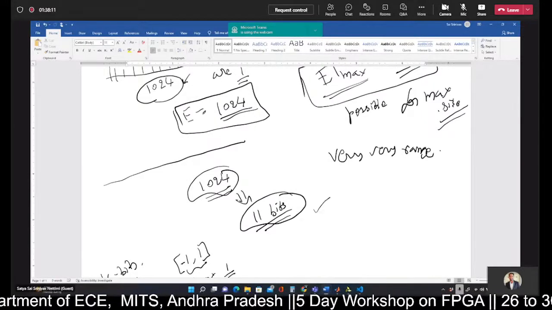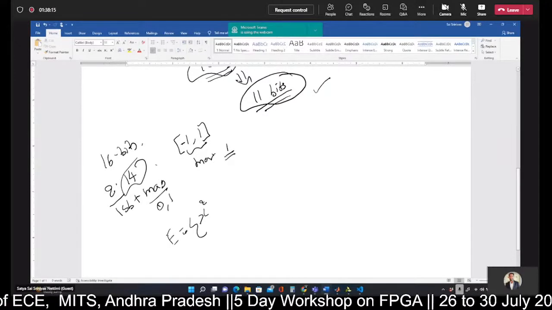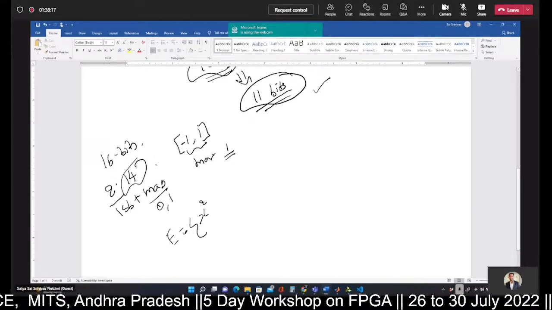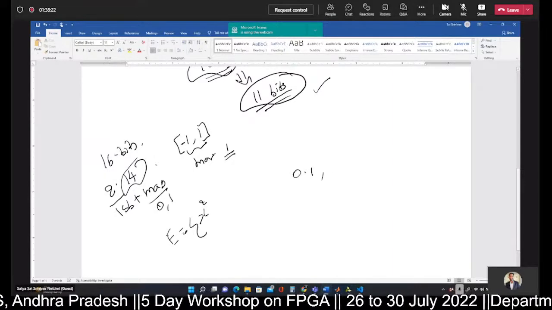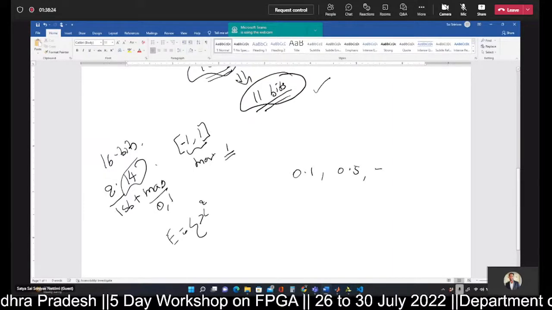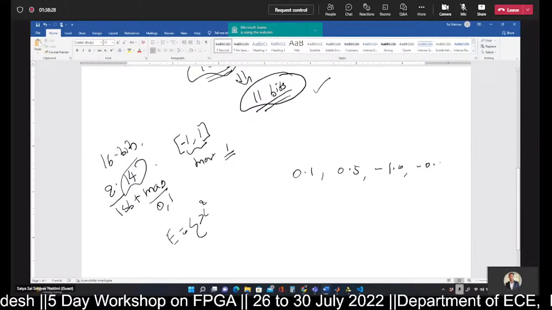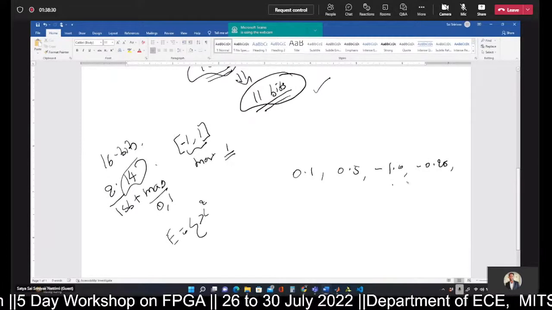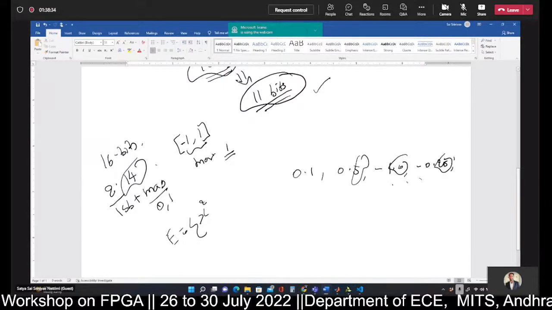That is fine. Now all values are not integers, right? In another scenario, the samples may be 0.1, 0.5, -1.0, -0.25, and so on. So they will be real numbers with decimals.